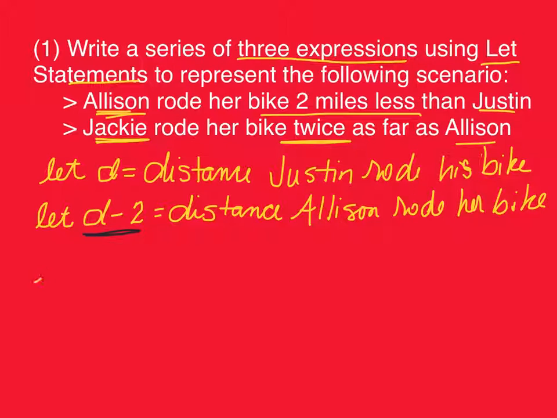So it's very important that we indicate that the D minus 2 happens before it gets multiplied by 2. And the way that we do that is that we put it inside parentheses. So we have let 2 times the quantity of D minus 2 equal the distance Jackie rode her bike.